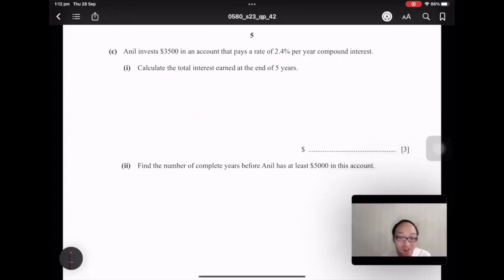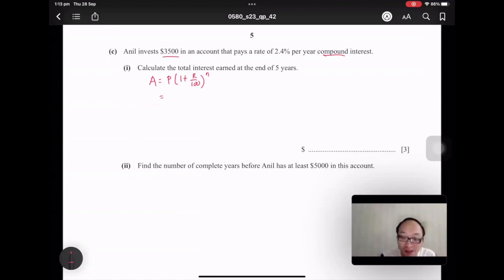Annual invests $3,500 in an account that pays the rate of 2.4% per year compound. Calculate the total interest earned at the end of the 5 years. So we can use the formula for the amount of compound interest, P times 1 plus R over 100 to the power of n.